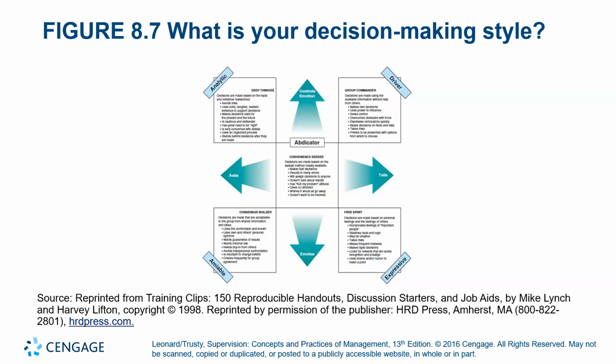And so a person who is right in the middle of all those styles is a person who often just avoids making decisions, or makes them really fast without much thought, and doesn't give a lot of direction. So someone who controls their emotion and asks a lot of questions is a deep thinker. Decisions are made based on facts and evidence. And then the opposite side there, someone who controls emotion and tells, decisions are made using the available information without help from others.